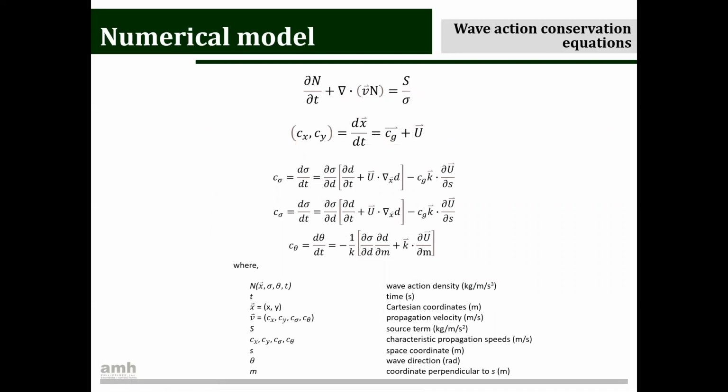The numerical model for waves is based on the wave action equation, where N is the wave action density containing the wave energy term. The wave field variables are solved from the wave conservation equations, and the energy density from the wave action equation.